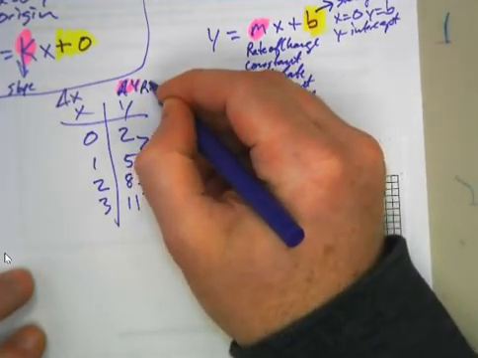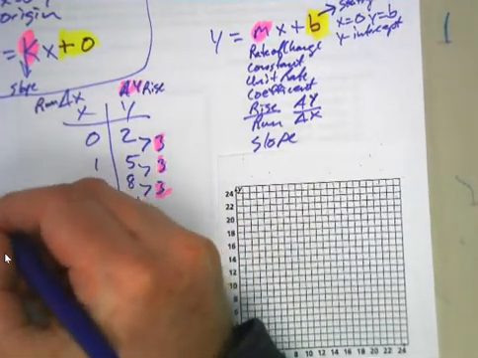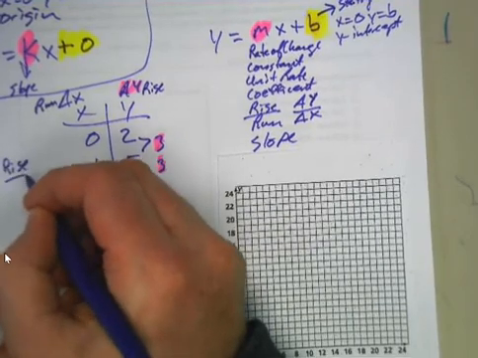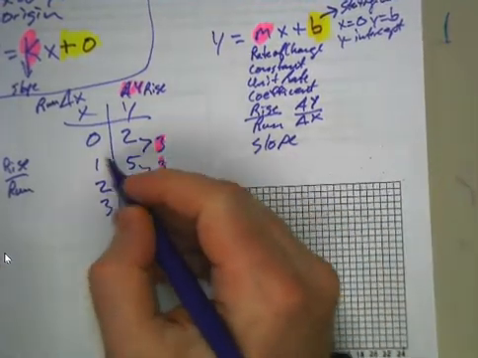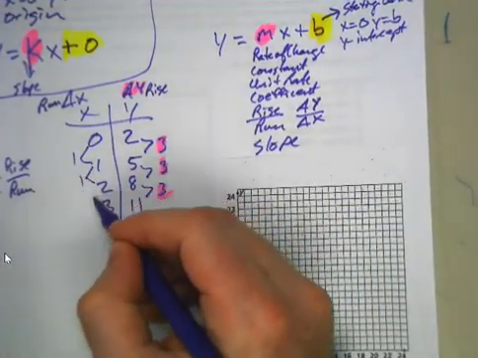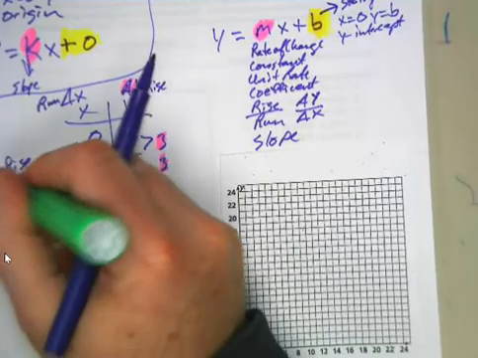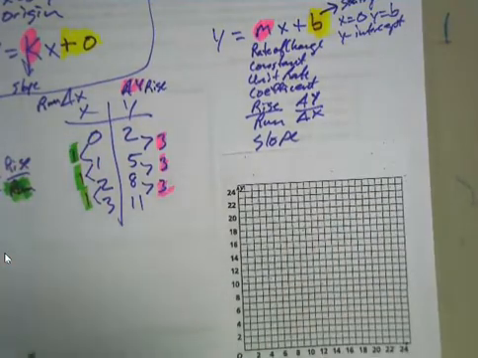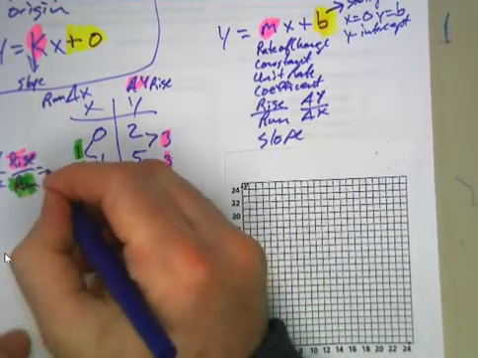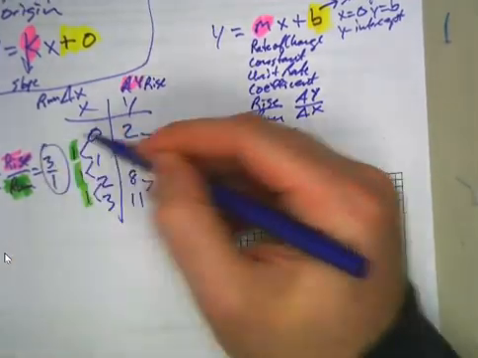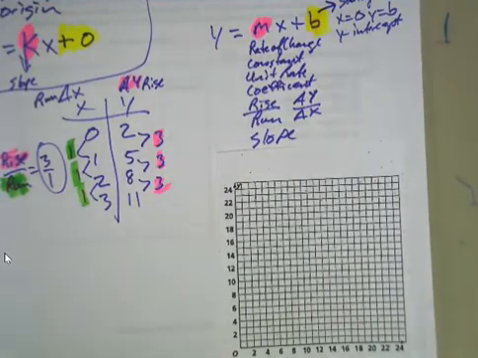Delta y is our rise, and delta x is our run, so delta y over delta x is rise over run, which equals 3 over 1. And you'll notice that it's the same each time. If it's the same each time, then we know that it's going to be a straight line.